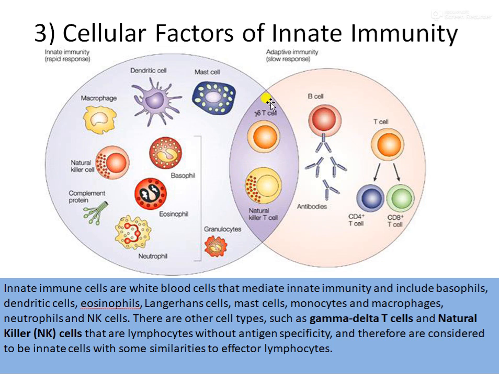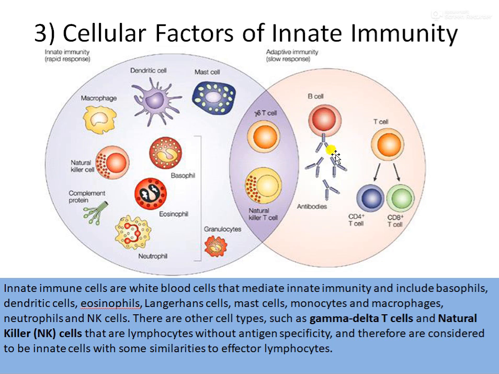You might not come across the gamma delta T cells quite frequently in your textbooks, but the NK cell is found to be more common in the innate immune system, where you get a rapid response. NK cells and gamma delta T cells are usually considered lymphocytes, and they do have some antigen specificity sometimes, so they might be considered innate cells with some similarities to the effector lymphocytes.